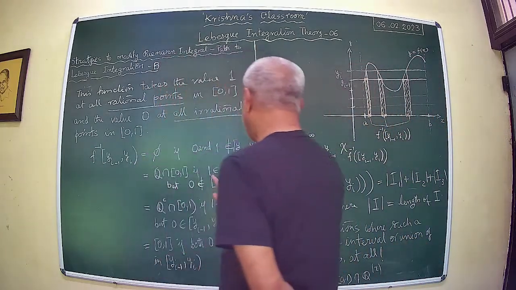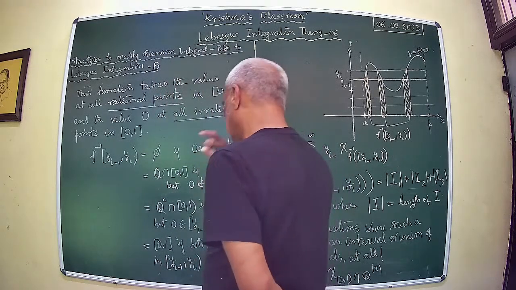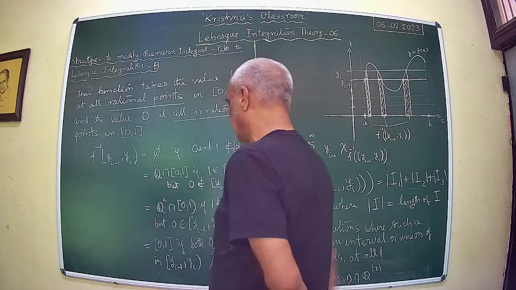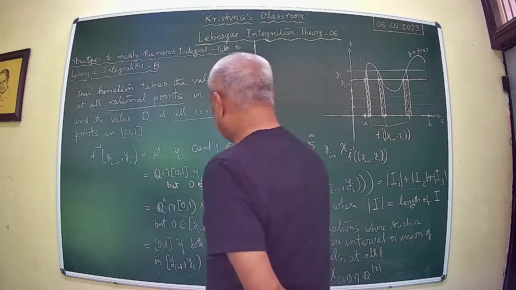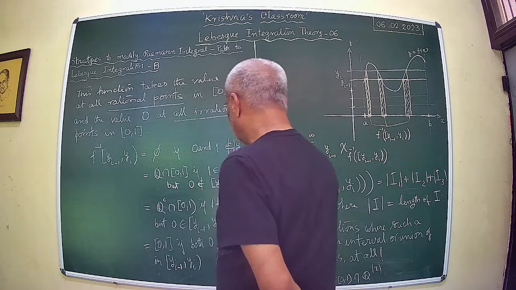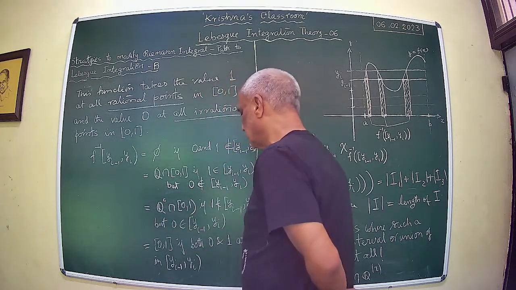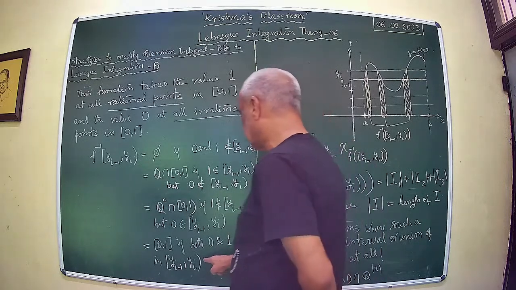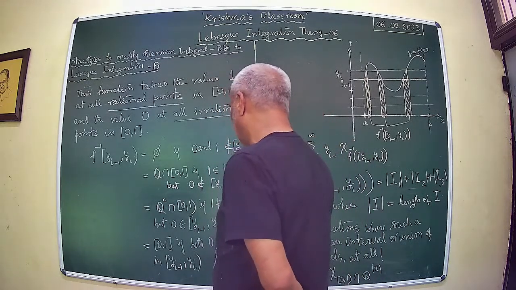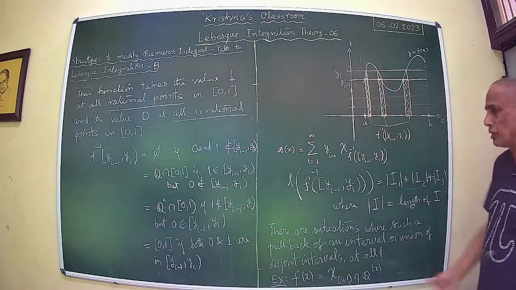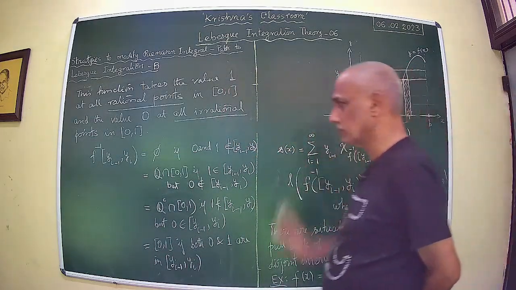If it contains 1 but does not contain 0, then it is going to be the set of rational points in the interval 0, 1. If it does not contain 1 but contains 0, then it is going to be the irrational points. And if it contains both 0 and 1, then it is going to be the whole interval. So we have to deal with 4 types of sets.